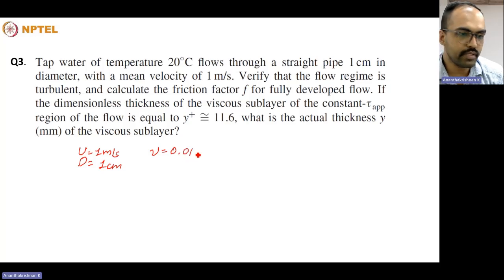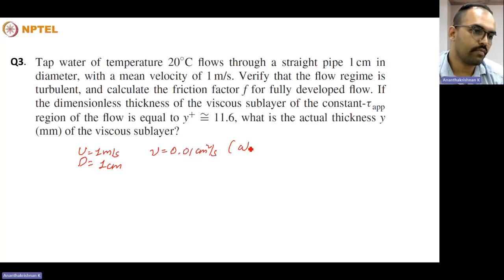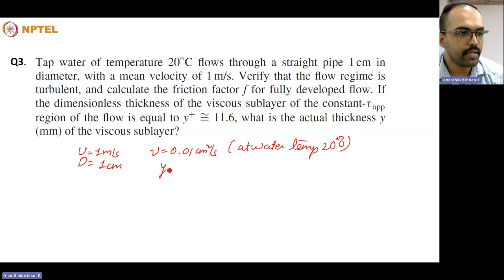Kinematic viscosity is 0.01 centimeter squared per second at a water temperature of 20 degrees Celsius. And then the y plus value is given as 11.6.